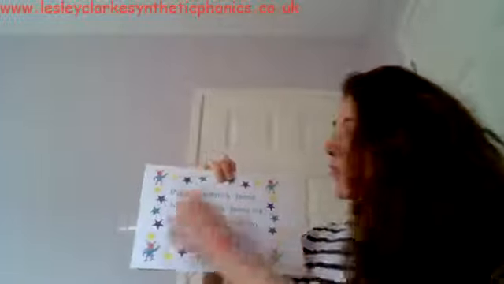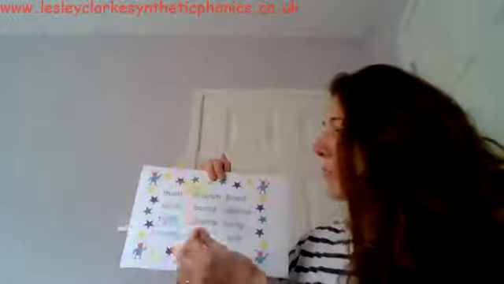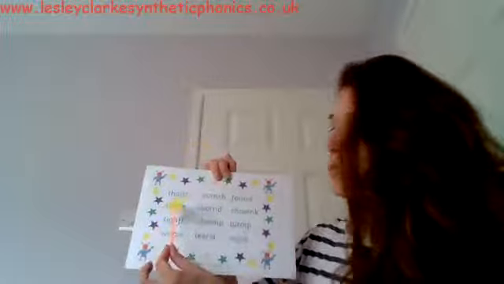So I've showed this magic wand game on one of my earlier videos a couple of weeks back. It's a little bit of a variation on a countdown. So using a set of words, each of which will probably contain a digraph somewhere, I would say to the children, we're about to play our magic wand game where the magic wand has to work out where the sound buttons actually would be.